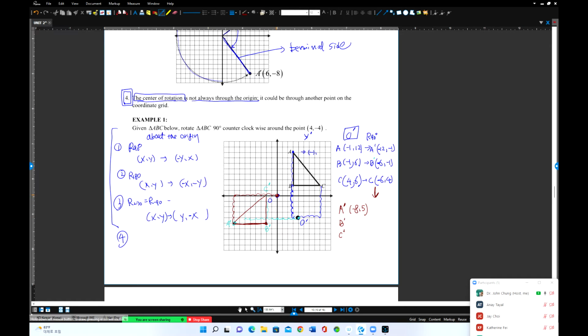This is B prime. Negative 2 still. And going down how much? 1, 2, 3, 4, 5. Negative 5. What is C prime? Only this point. Negative 2 and 0. That's the answer.